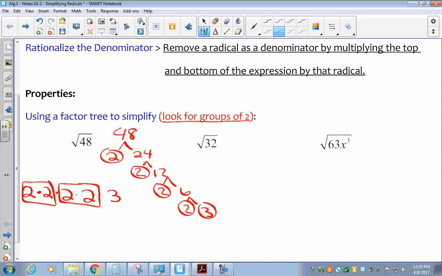So what is 2 times 2? Once you group them into 2s, you can go ahead and multiply those groups out. So check out 48. 48 is 4 times 4 times 3. I did the prime factors so that I could find the groups of 2.